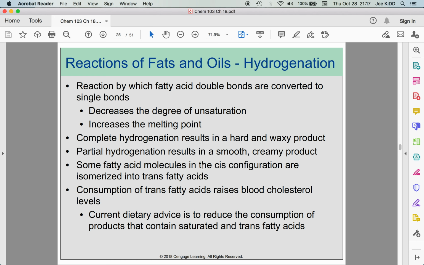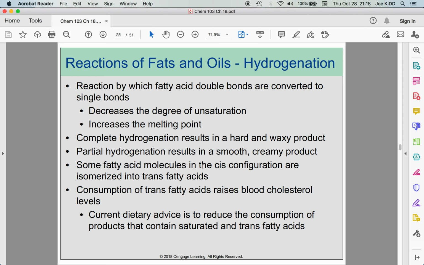Partial hydrogenation, though, is where we get partially hydrogenated canola oil and stuff like that, to make creamy, smooth fats, which again is something we desire in a margarine, a spreadable, not really butter, but buttery type product.